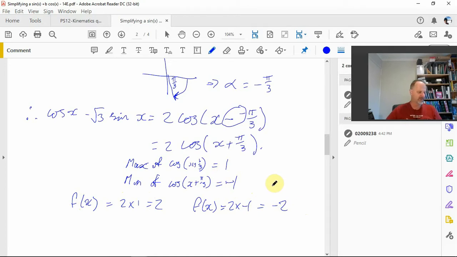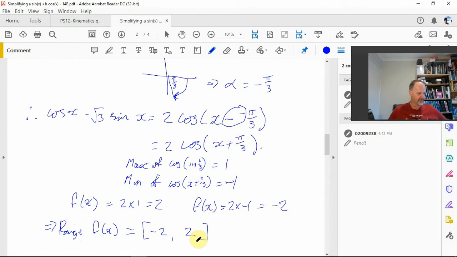And so the range, what we ask for, because we're not worried about what it's doing in between, we're just after its maximum and its minimum values, and for sine and cos, both ends are included.